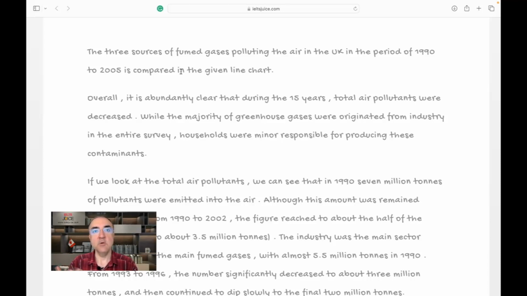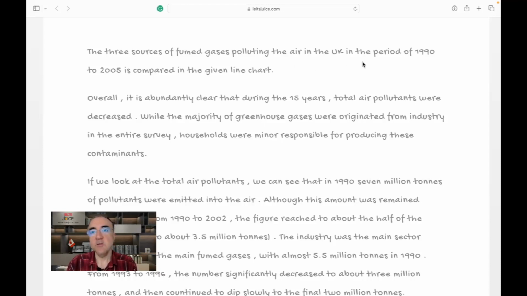So I don't know why we are going to use fumed gases here. I wouldn't use this. It's not wrong, but it doesn't make sense. This is not a good choice of word. It doesn't make sense in this report.